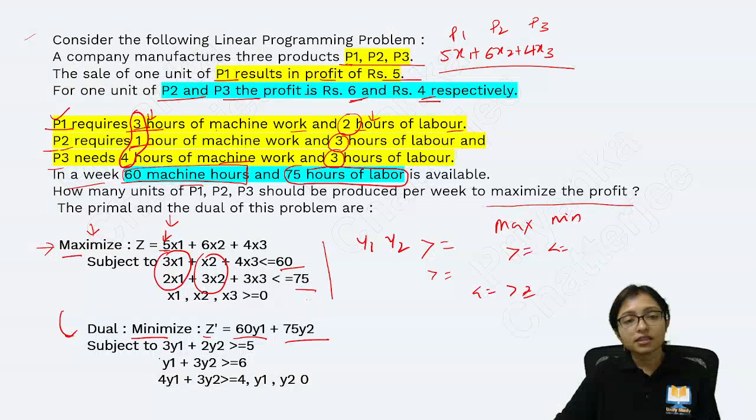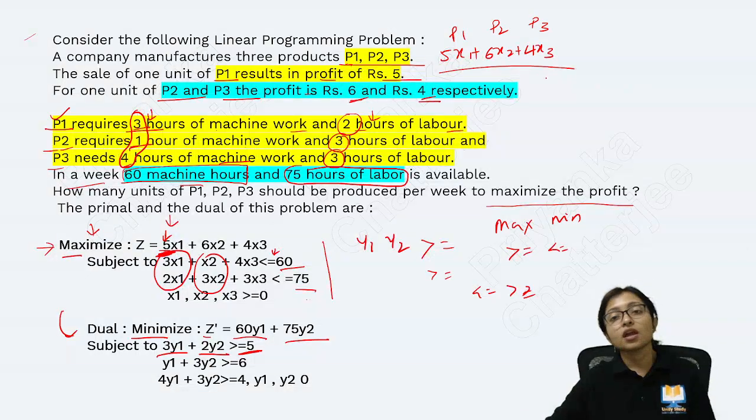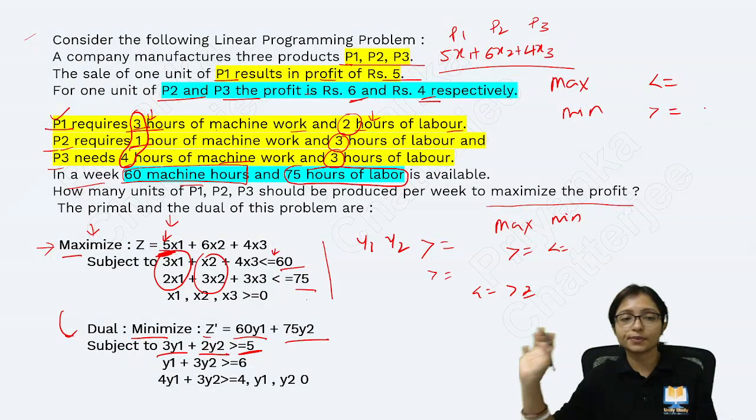That is 3y1 plus 2y2, greater than or equal to 5, that is the coefficient. It is greater than or equal to because it was less than, so less than will be converted to greater than. Maximize means less than or equal to. Minimize means greater than or equal to. These are simple things, remember.